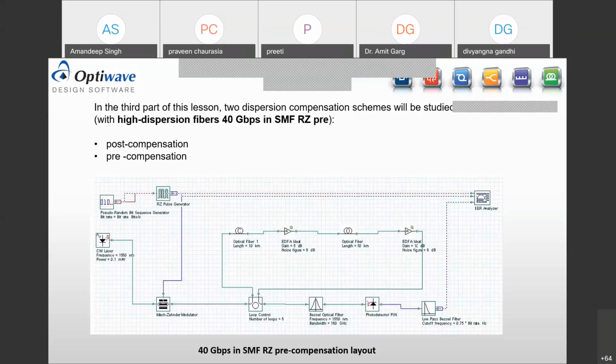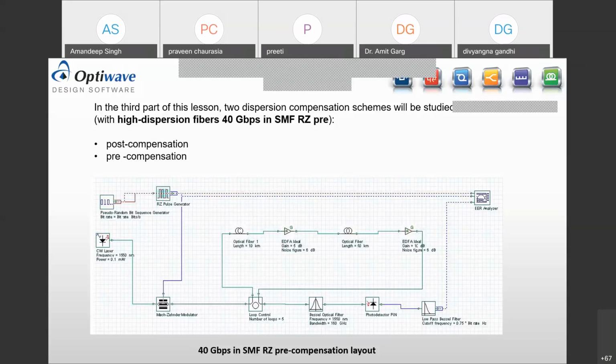So for the equivalent process, there are some of the layouts available in the sample files. Those who have installed, they can go through the dispersion compensation folder. In that, they can find pre, post, and symmetrical analysis for this dispersion in a fiber. And that is also a part of a paper. So you can go through that and you can easily understand how you can achieve different Q factors using such kind of analysis.